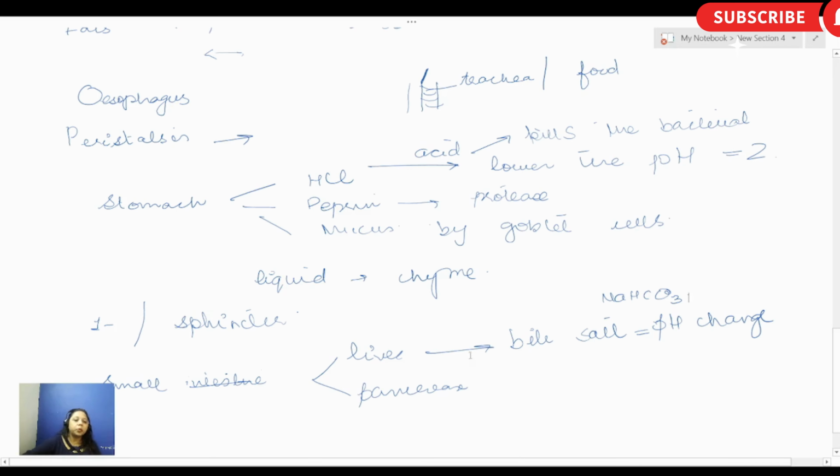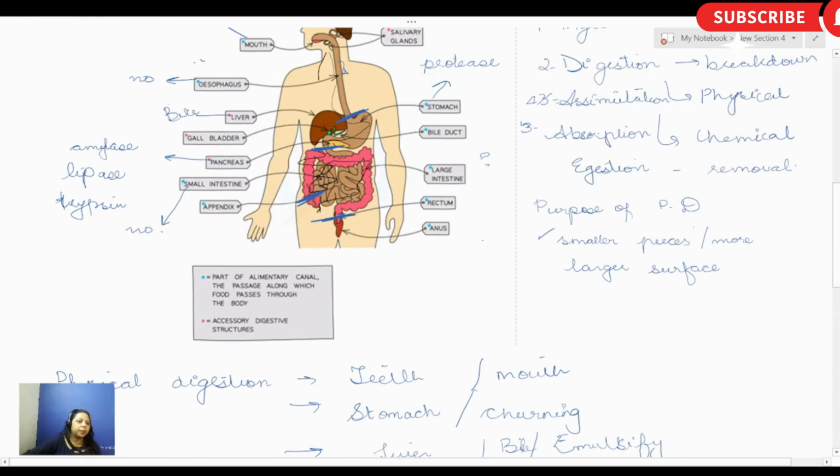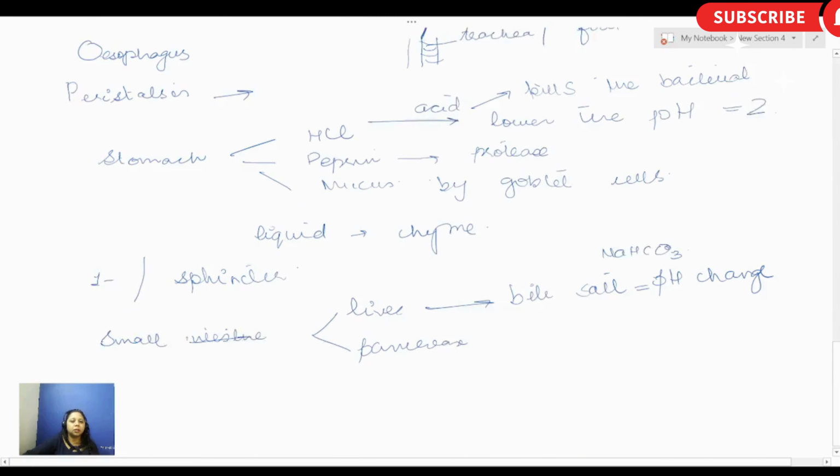Now, what is released by the pancreas? Okay, trypsin. What else? Lipase, we have discussed here. Lipase, amylase, and trypsin. What is the function of amylase?